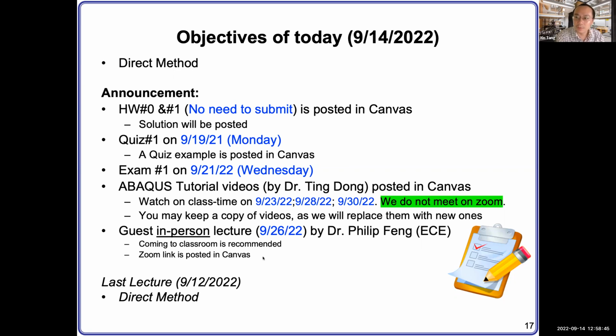Also, we have four more invited speakers. They will give us a nice introduction to their research relevant to computational mechanics and finite element. Some of them will be in person, some online. I will give you a heads up before that. Those lectures will help you expand your horizons and understand the field better.